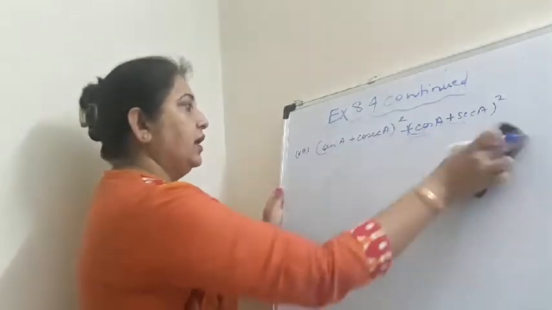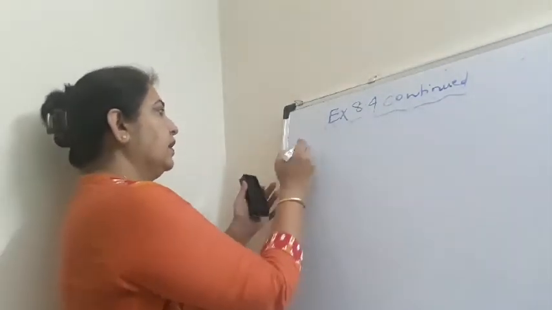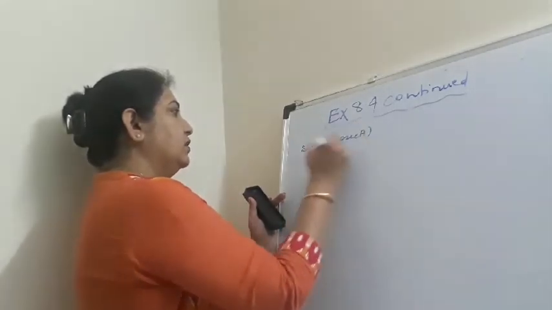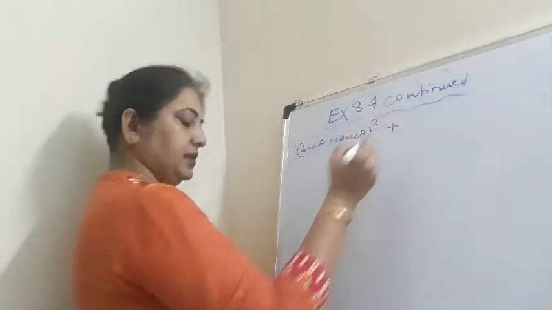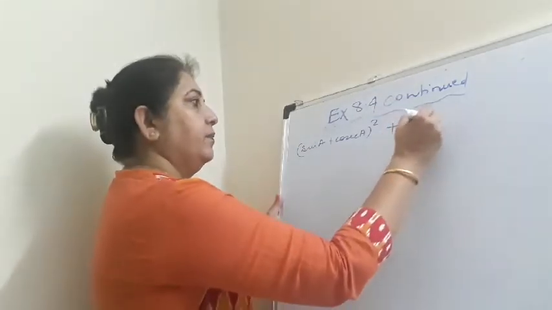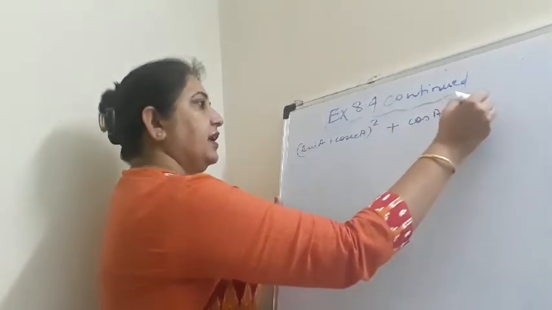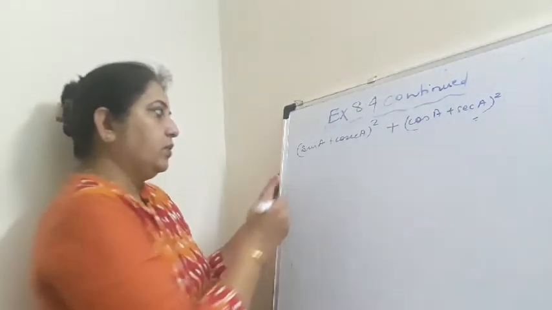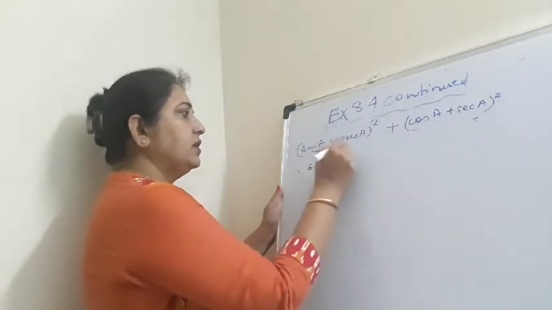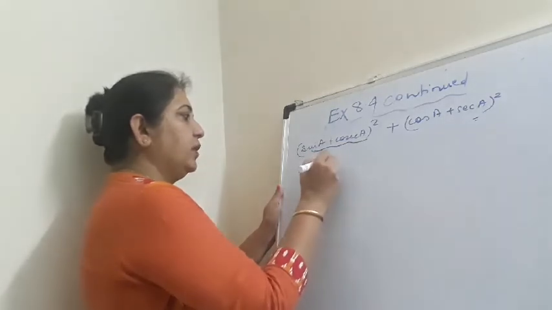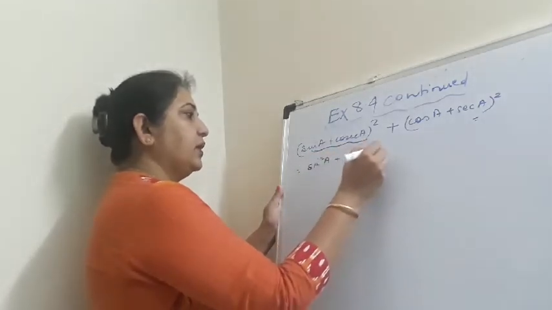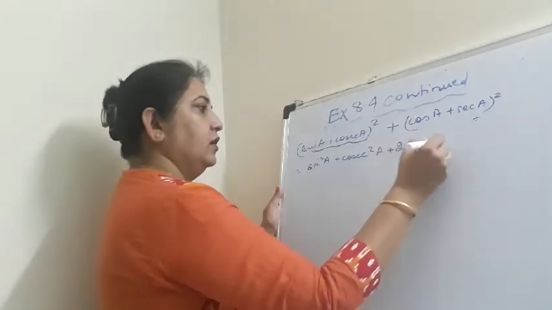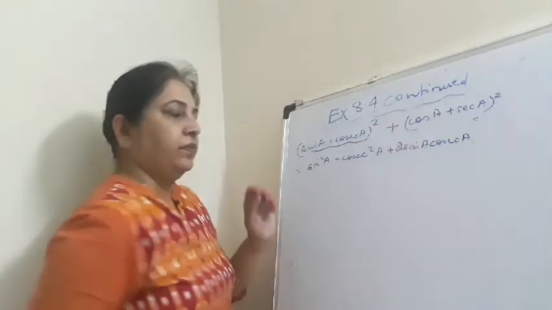Okay, so I'll write again: sin A plus cosec A the whole square plus cos A plus sec A the whole square. Let us solve this and then let us check what we get. We use the identity here: sin square A plus cosec square A plus 2 sin A cosec A, right?